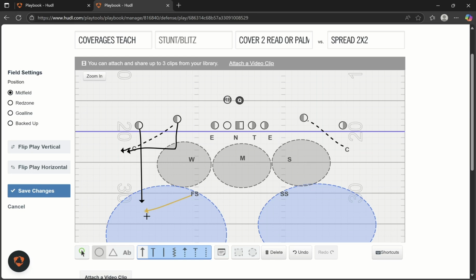Again, if our eyes are on number 2, that free safety would see him running that out route, that corner would see him running that out route and would play flat, and the safety would know to get over the top and play over number 1. What if number 1 runs a slant, Coach? This wheel linebacker would be there to play that slant.